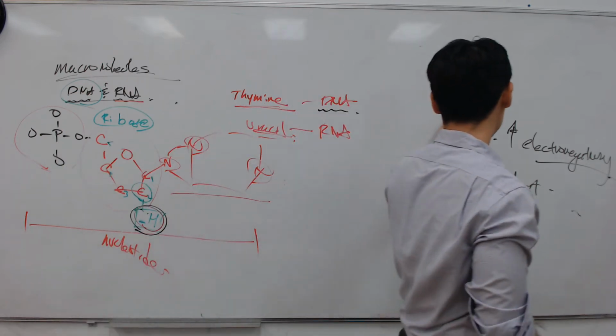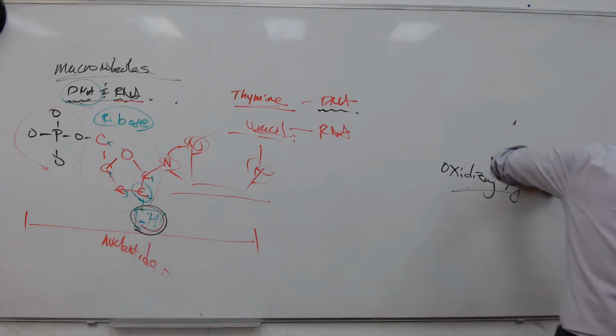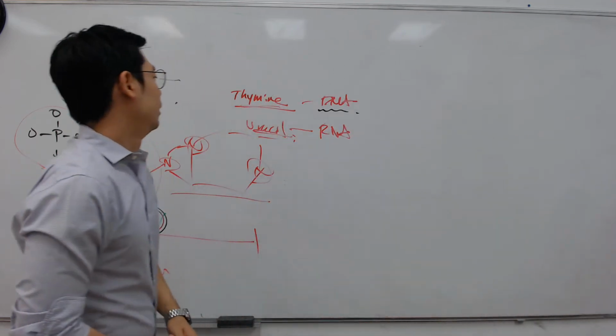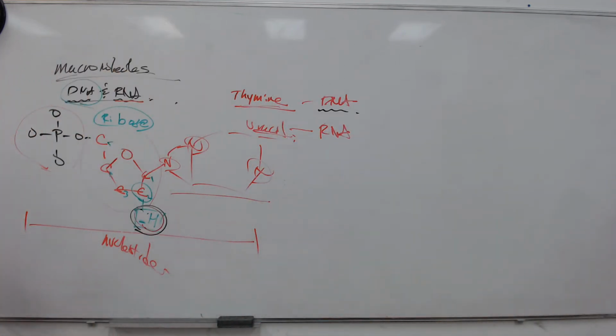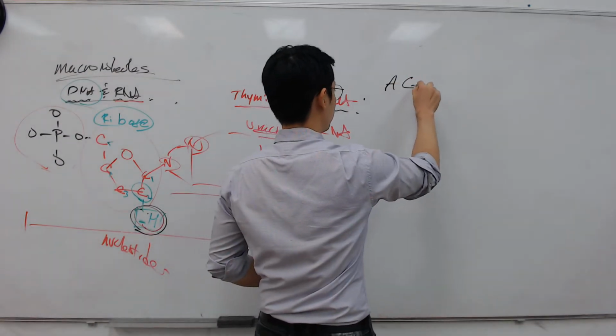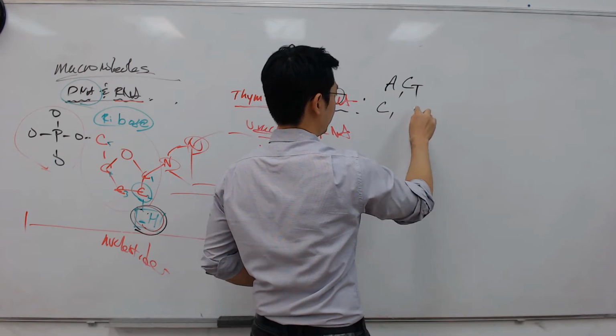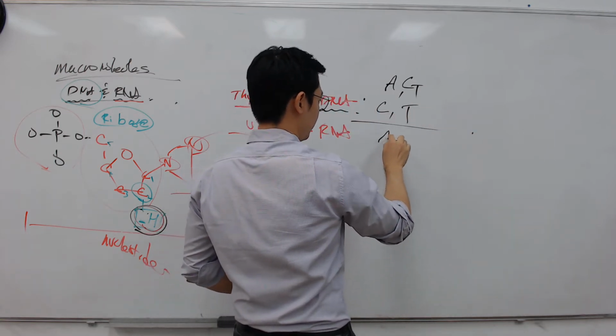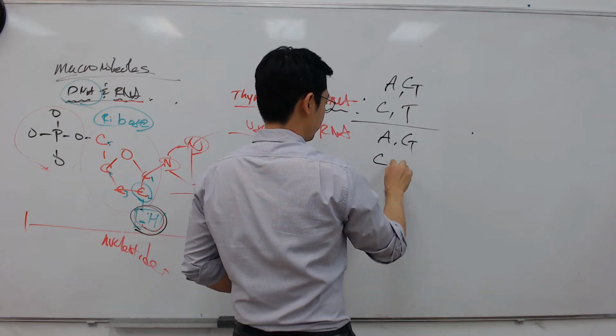Now listen carefully, this gets a little bit heavy. Let's take a look at this, guys. DNA has A and G, and also cytosine and thymine, right? And RNA has A and G, and cytosine and uracil.